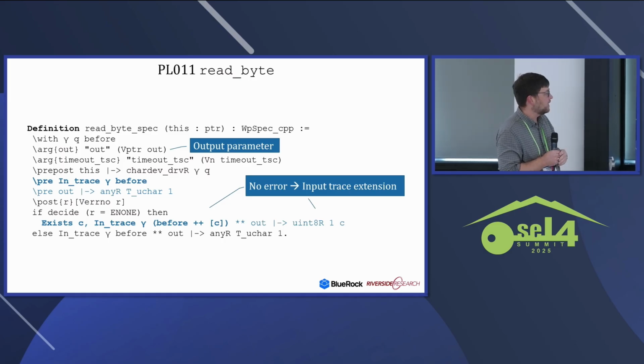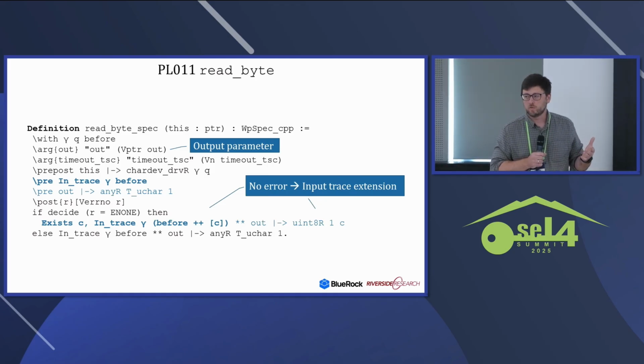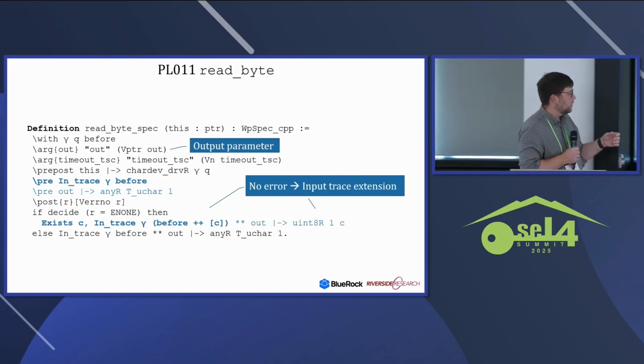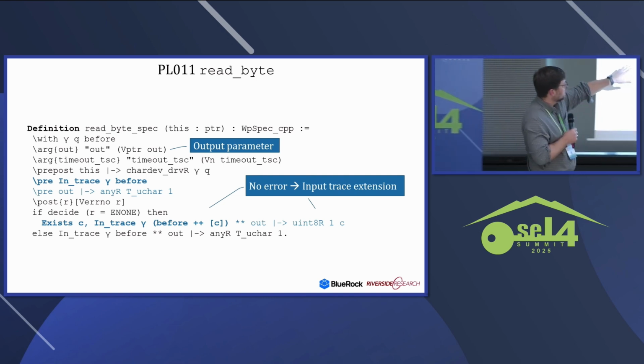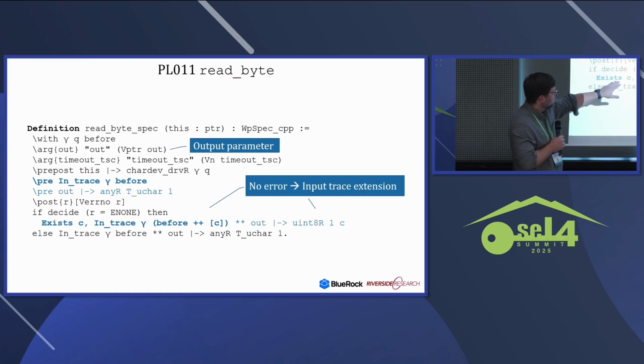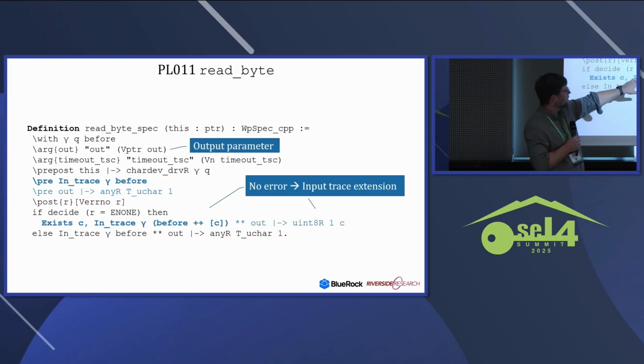And it's specified using a predicate that we derive on top of the operational model called intrace, which is the trace of all the characters that have been received by the UART so far. And the way to interpret this spec is to say that R is the return result of this function. That could be an error; it could be no error, in this case E none.